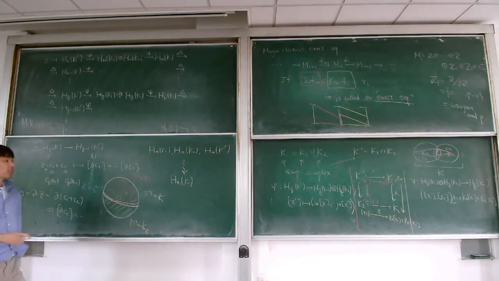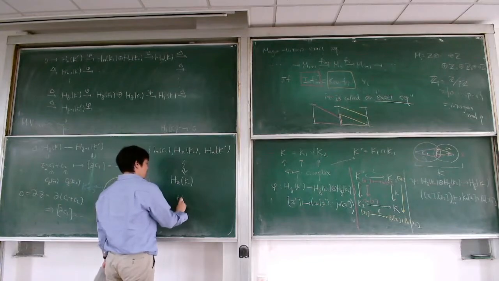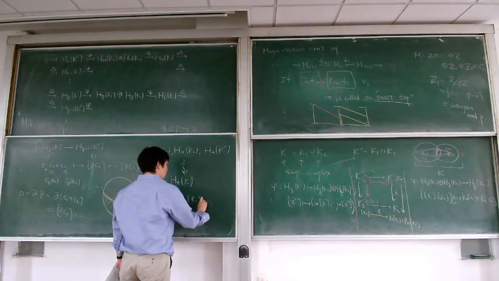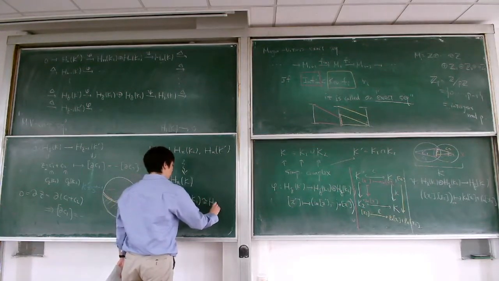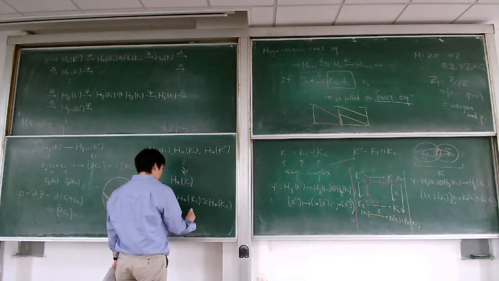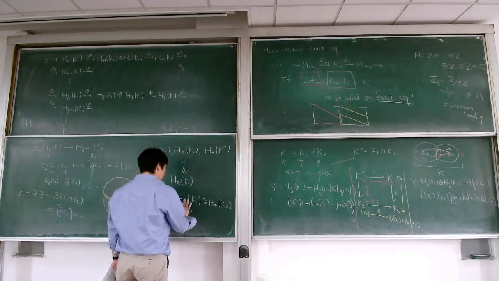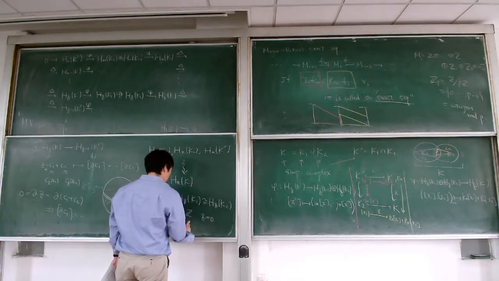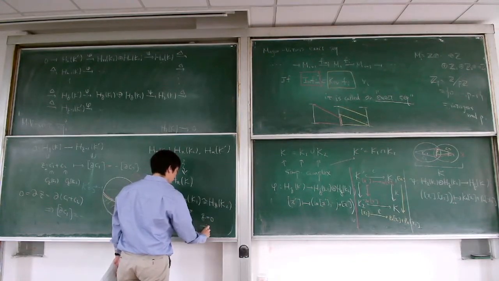And we already know the homology group of Dn, K1, and the homology group of K2 is isomorphic to Z in degree q equals 0, and 0 otherwise.